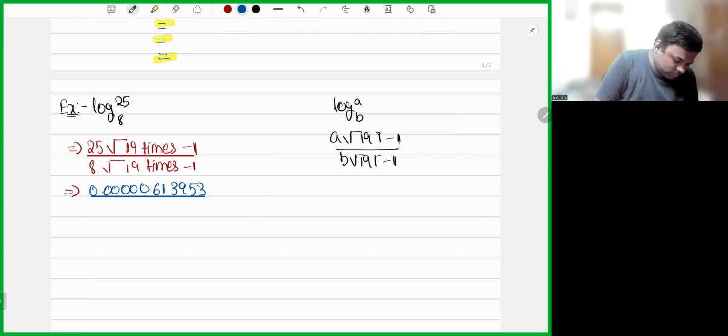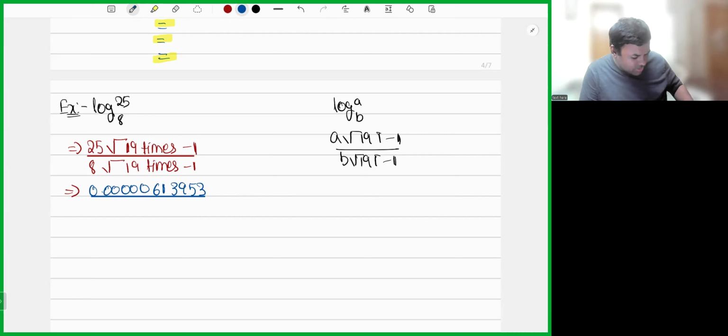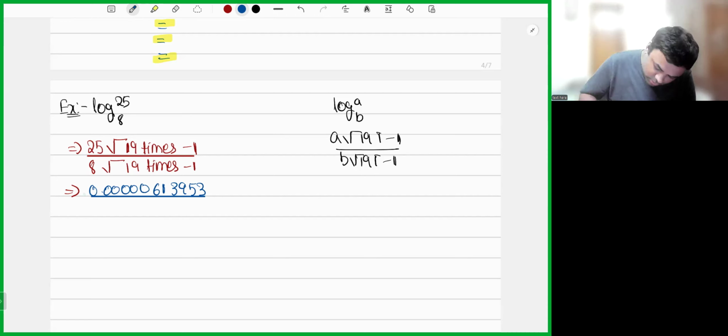Divided by 8, root 19 times, minus 1. Again 0 point, and how many zeros? 1, 2, 3, 4, 5, then 3, 9, 6, 6, 2.